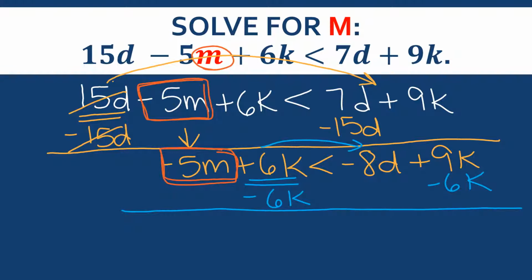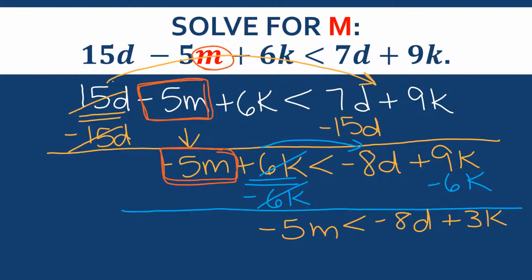Same variable. So 6k minus 6k cancels on the left. And right now you are left with -5m less than -8d. And then 9 minus 6 gives us a positive 3k.